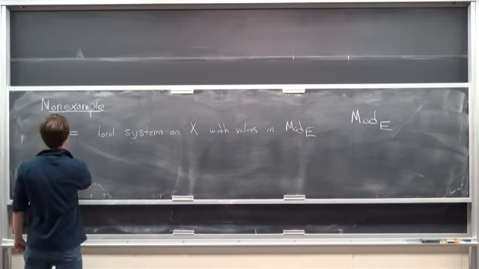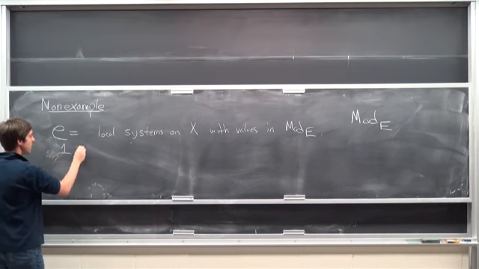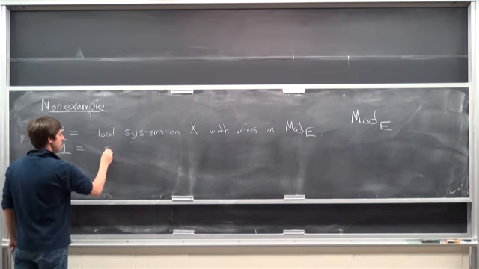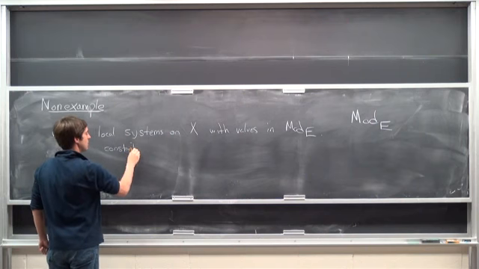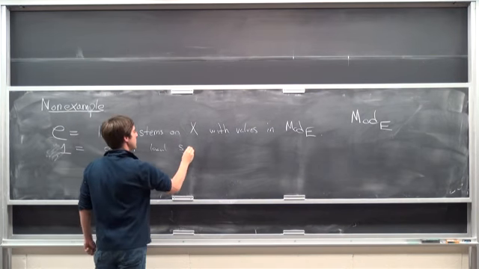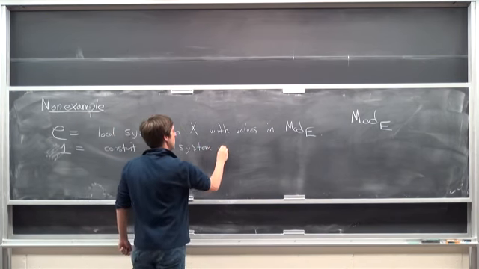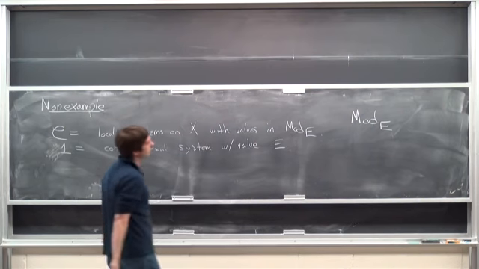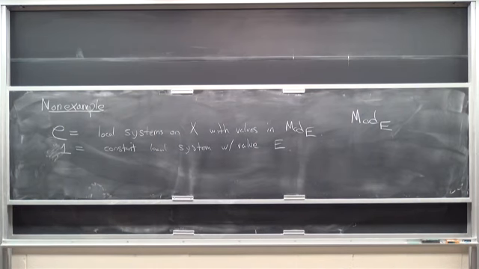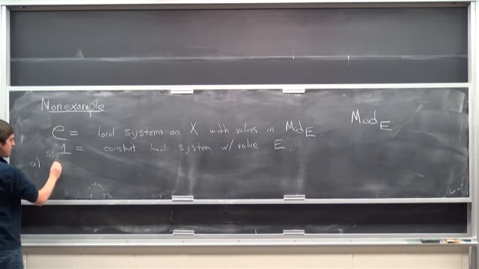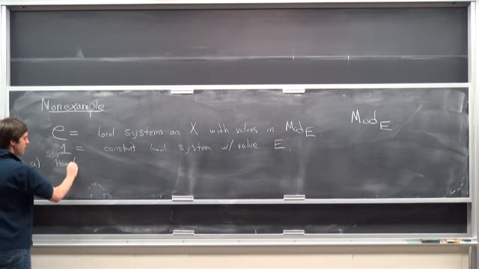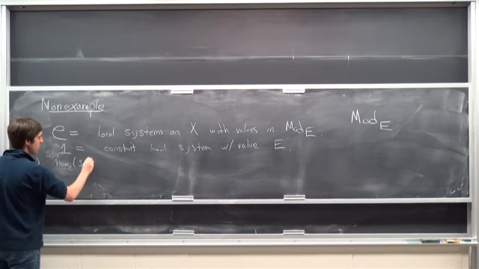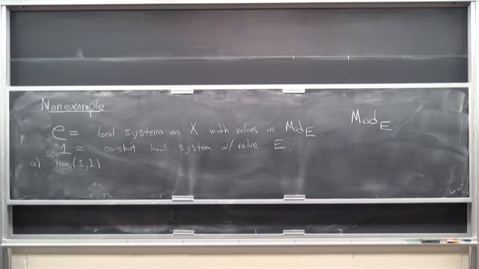So I should tell you what the unit object is. The unit object is going to be the constant local system taking the value E. And now, what happens if you make this definition and compute Homs in this category of local systems from the constant local system to itself?